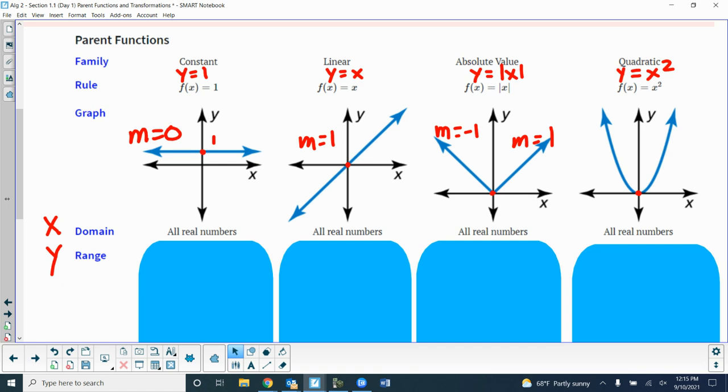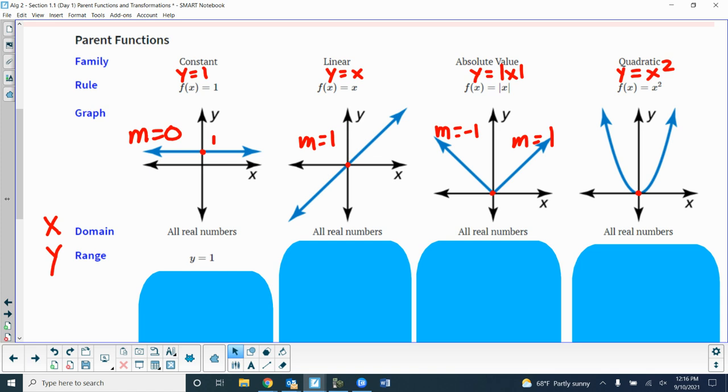Okay? Now the ranges are a little different. Okay, ranges are the y values. So what about this first one, this constant one? Yeah, it's equal to 1. That's always 1 in this one, right? So y equals 1 is the range of that one.